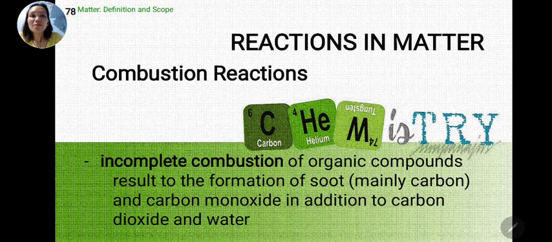An incomplete combustion of organic compounds, on the other hand, results to the formation of soot, or yung parang uling, which is mainly carbon, and carbon monoxide in addition to carbon dioxide and water. So, hindi pala ibig sabihin na may carbon dioxide and water siya, complete combustion na siya.